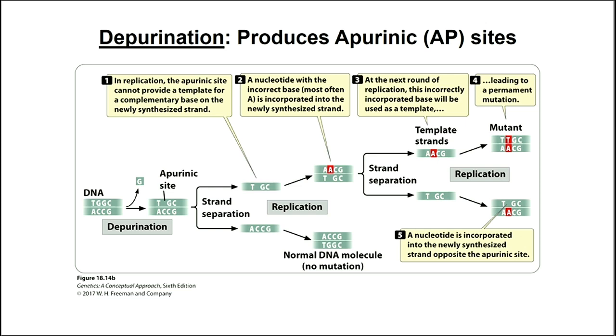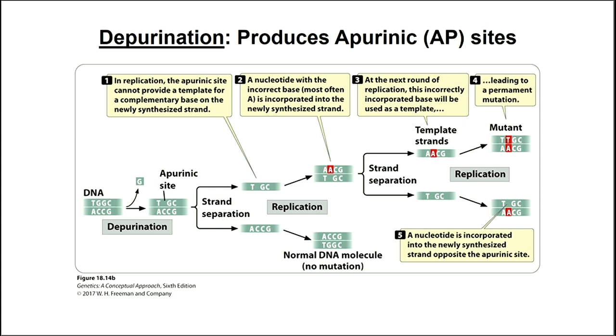So now the first round of replication is going to begin. Over here in our top strand that has our apurinic site, we are going to have an empty spot when we go to replicate it. And oftentimes when the DNA polymerase is replicating DNA and it doesn't know what to put, it's just going to put an A. That's just like DNA polymerase's favorite base.